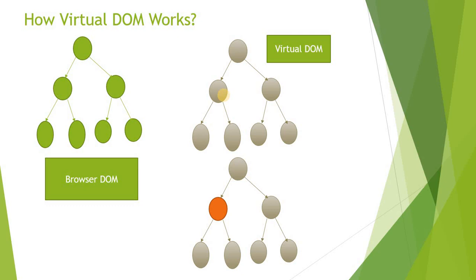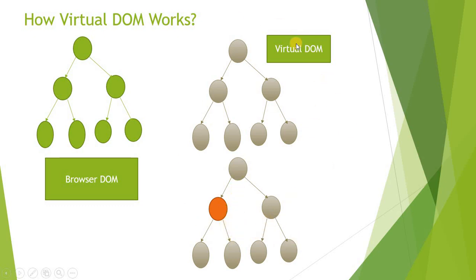So it creates a new copy of the virtual DOM and updates the entire page with the new virtual DOM. After that, it recalculates the differences between two virtual DOMs: the first virtual DOM created at the first loading of your page, and the other created whenever an update occurs on a particular node of your virtual DOM.